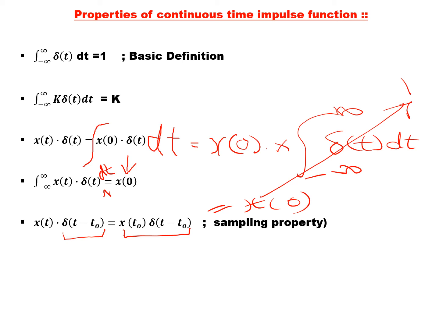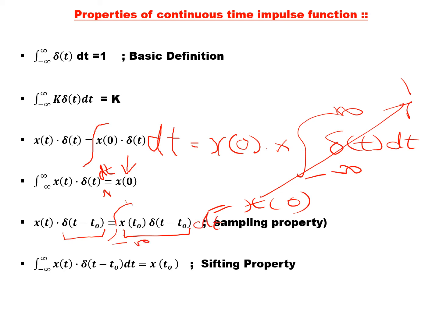Next property, which is called the shifting property. That is, if I integrate this signal with respect to dt in the limits minus to plus infinity, what I'm going to get is x of t naught. It is quite obvious. Why? Because x of t naught is a constant, so when I integrate, it can be taken outside the integration.